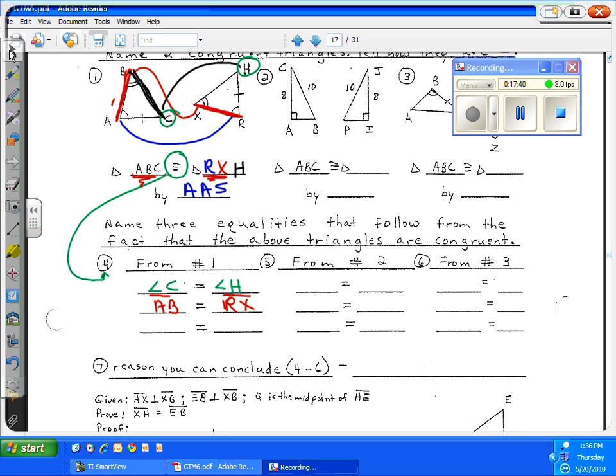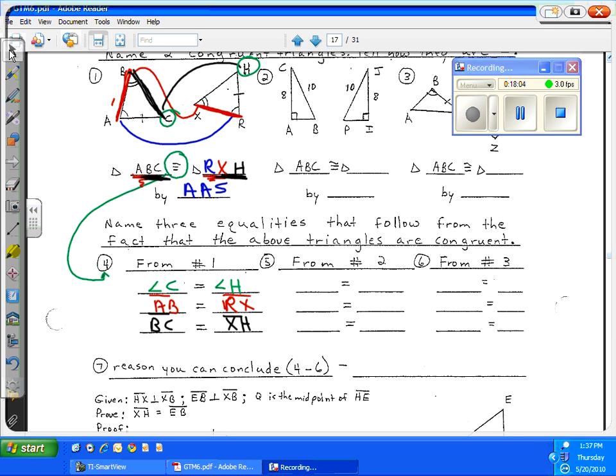Is it XH or is it HX or what? But you can look right here and see BC is the last 2 letters. So you just look at the last 2 letters. If we've named them congruent correctly, then we'll know that BC is equal to XH, you see. Name them in the same order that you named them in the congruency.